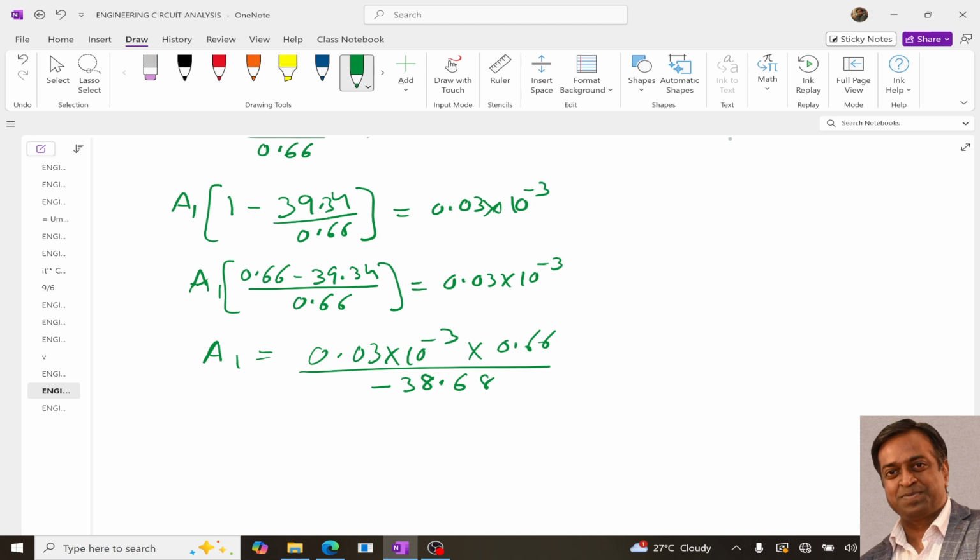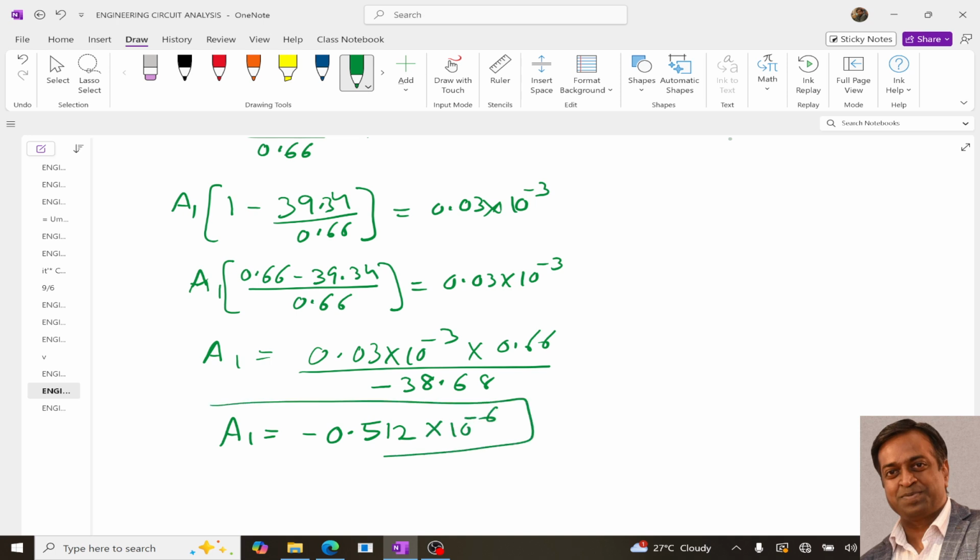So solving this, we get 0.03 into 0.66 divided by 38.68. So A1 we will get as minus 0.512 into 10 power minus 6.